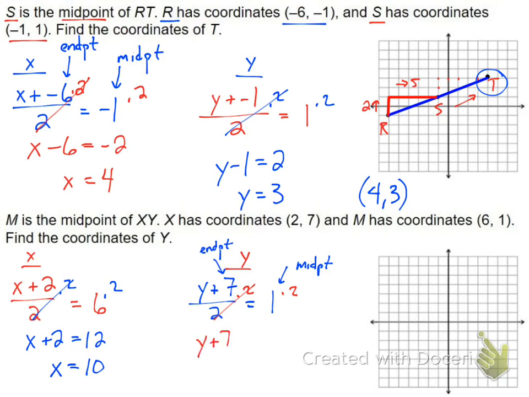I get y plus 7 is equal to 2. Then subtract the 7 to the other side and get y is equal to -5. So my other endpoint is going to be the ordered pair (10, -5). And so doing it graphically again, (2, 7), there's my first point, and then (6, 1), there's my other point.